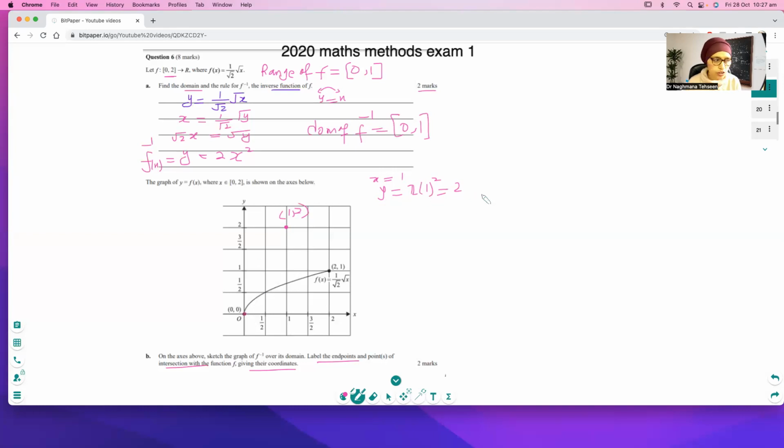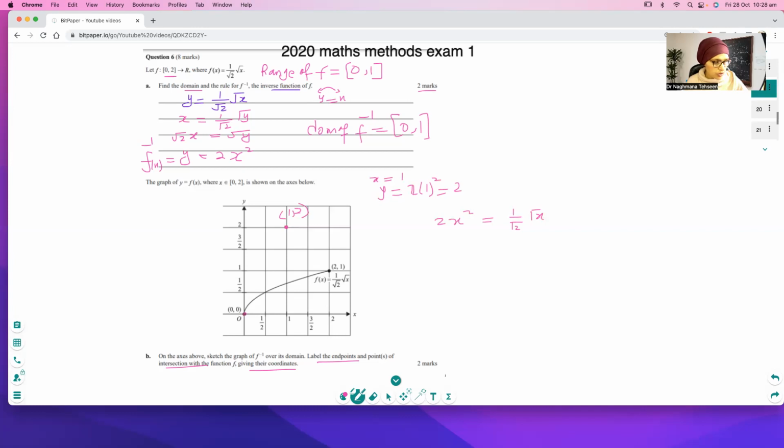And then we also need to find the point of intersection, which is where both of them intersect. So you could say 2x squared is equal to 1 over root 2 times root x. We can find that out by solving this.